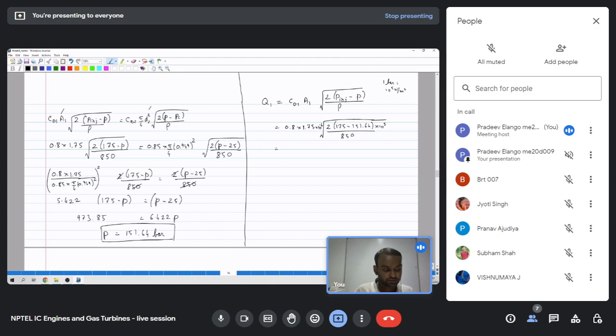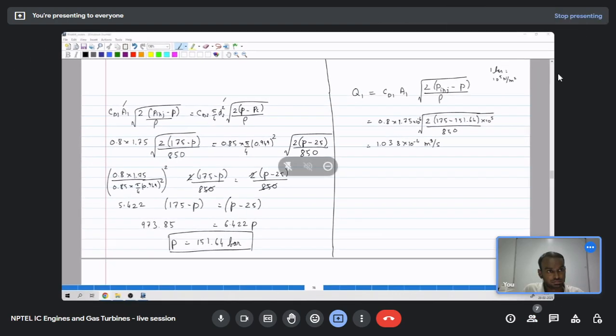Has someone got the answer for this? Okay, so the flow rate is 1.038 into 10 power minus 4 meter cube per second.